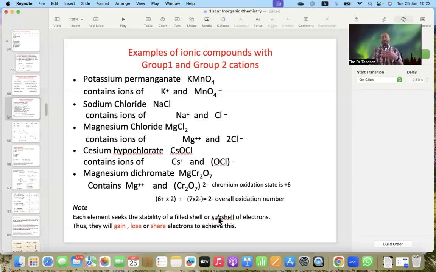So these ions quickly react with other cations. Ions means cations and anions. The anions are minus charged, cations positive charged. Always in nature, they combine together to be neutral, to be stable, and we can see them in nature in types called salts. Thus, they will gain, lose, or share electrons to achieve stability.